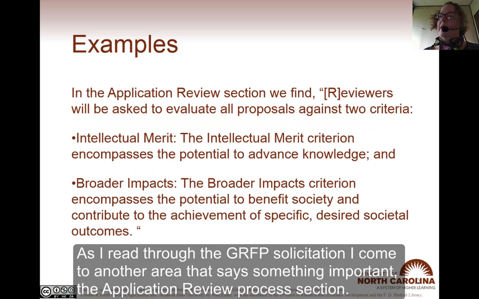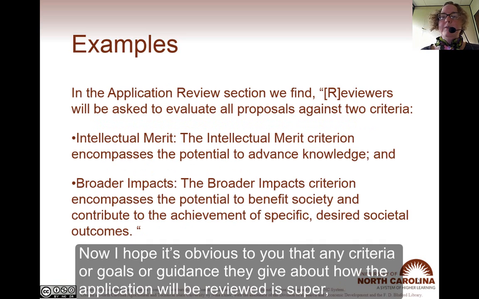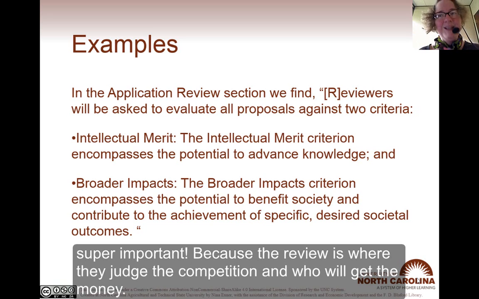As I read through the GRFP solicitation, I come to another area that says something important. The application review process section. Now, I hope it's obvious to you that any criteria or goals or guidance that they give about how the application will be reviewed is super, super, super important.